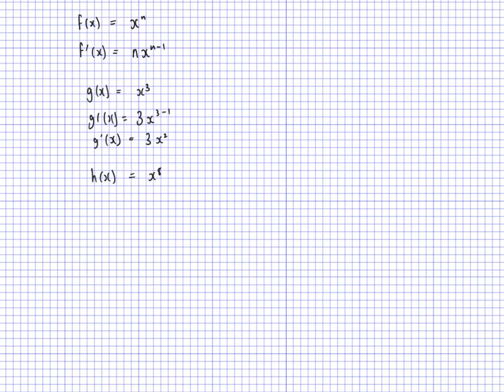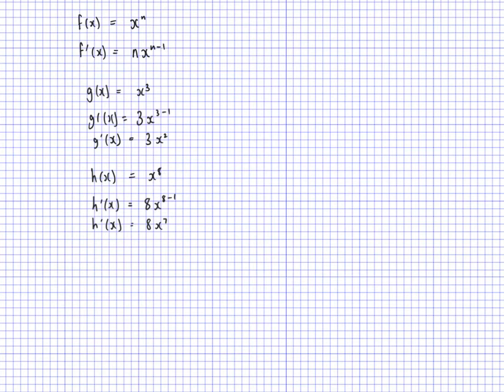So when I differentiate this, it's very easy for me now. n is 8, so I have 8x and then 8 take away 1, and then this becomes 8x to the 7. Okay, so now we're able to differentiate higher powers of x, like x cubed, x to the power of 8, very easily because we have this formula.